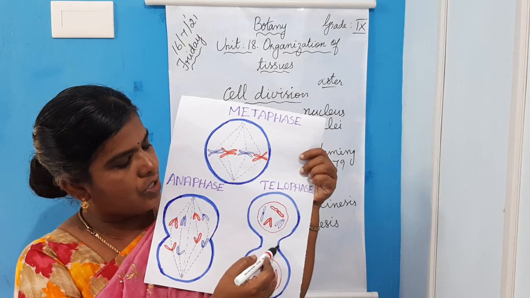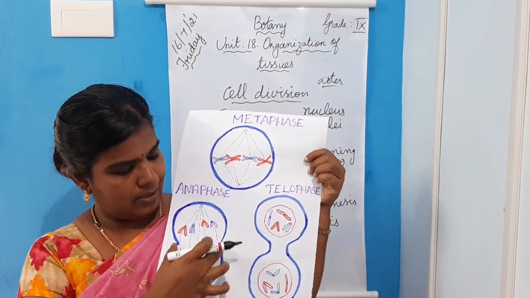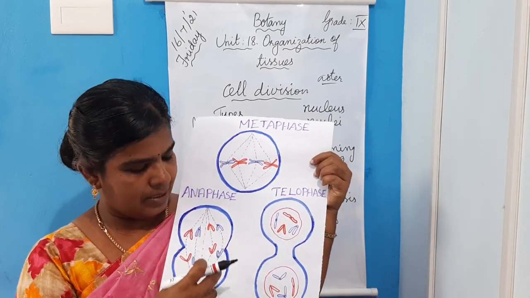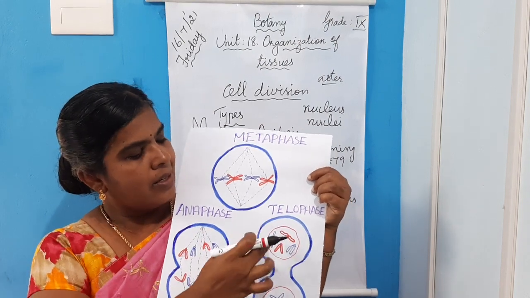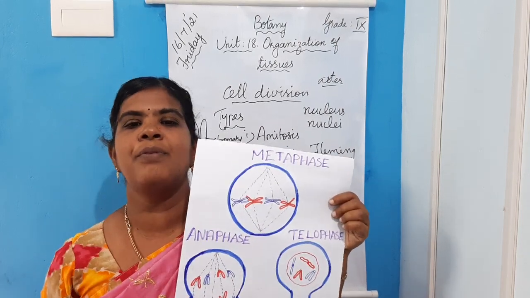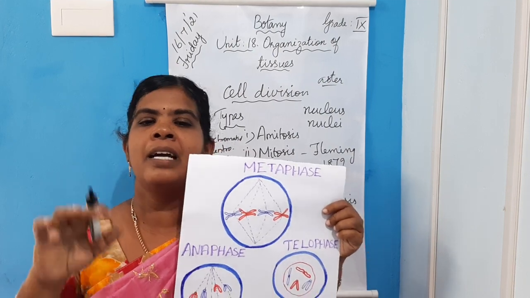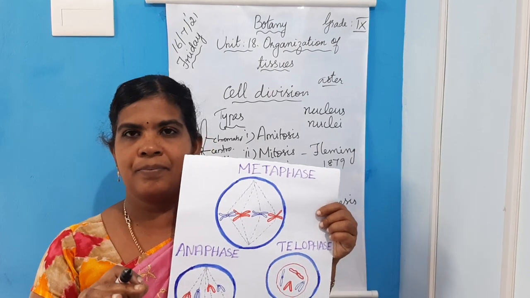There will be a constriction or a wall formed in between these groups of chromatids, which are there at the opposite poles. At the time of telophase, what will happen? Each chromatid lengthens, becomes thinner and turns into a network of chromatin threads.